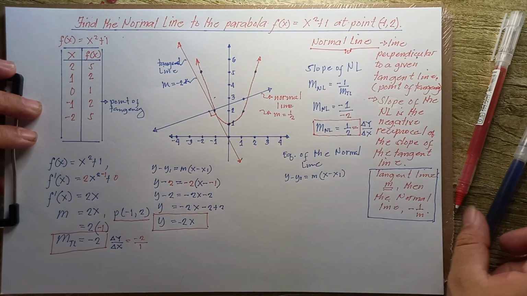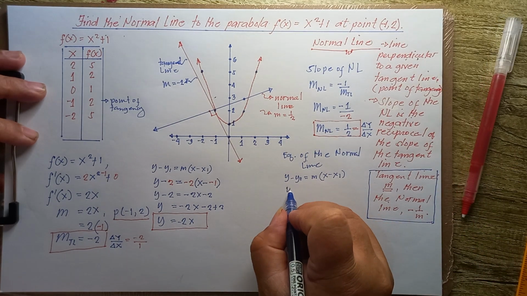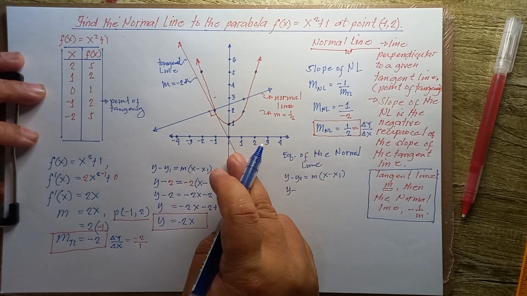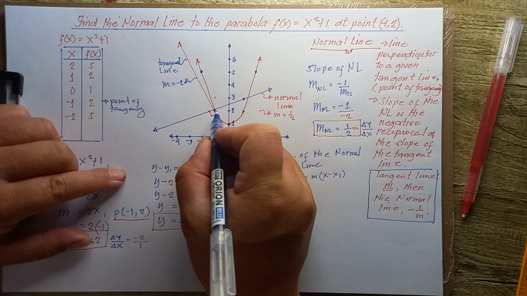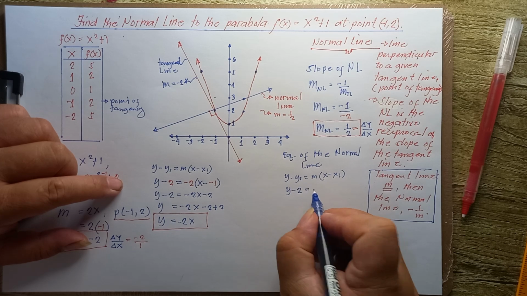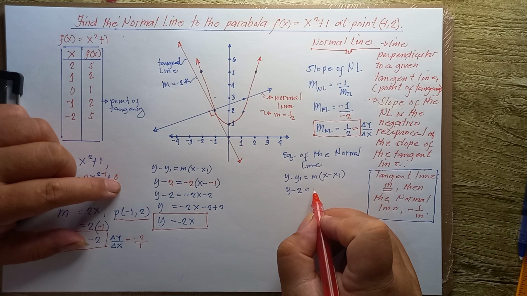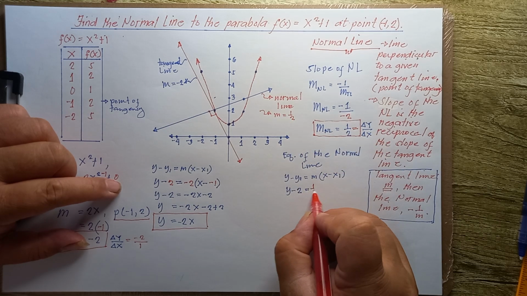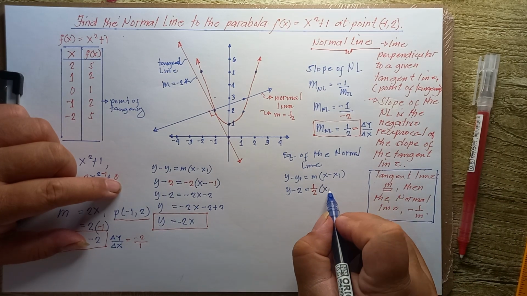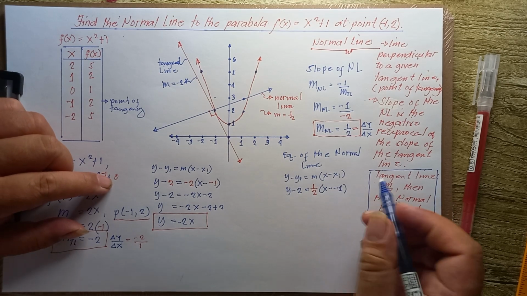So for the equation of the normal line, what is our y? Our reference is always the point of tangency. So this is the point of tangency. That is, our y is positive 2. And the slope of the normal line is 1/2. And x minus, what is x? Negative 1.